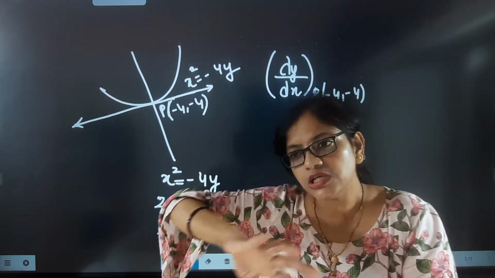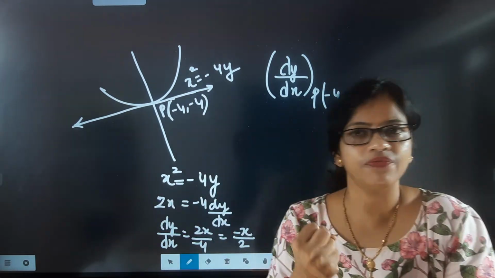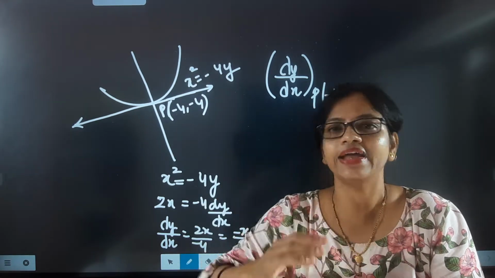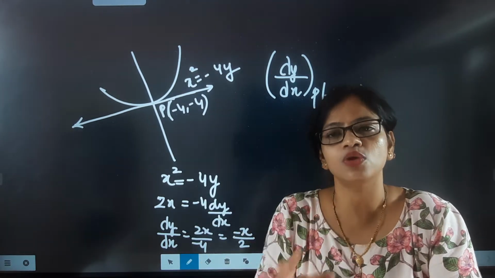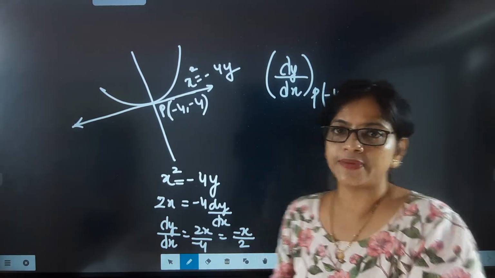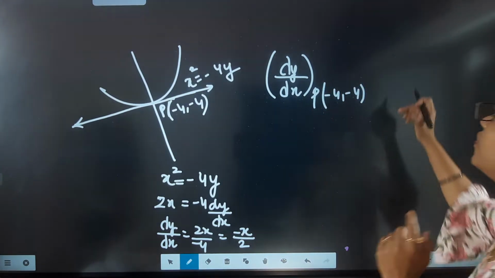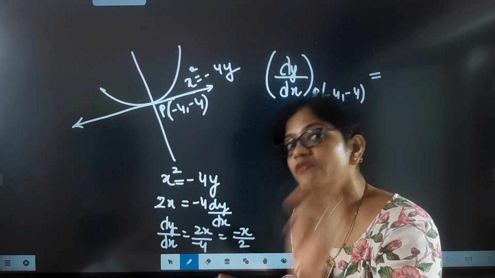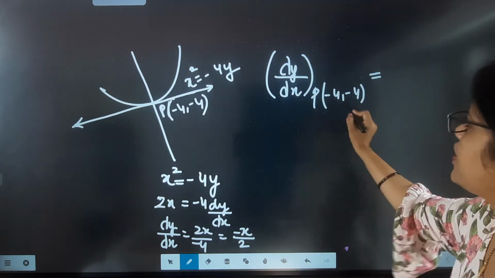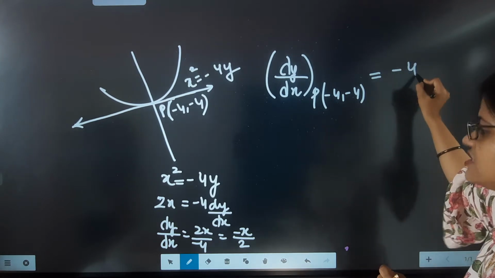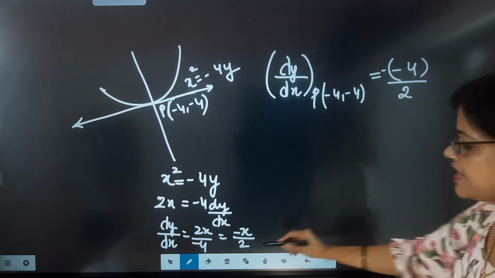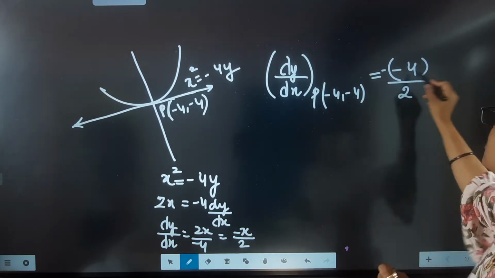It means it satisfies all three. It will become the solution of all the three. So if it is satisfying, we can substitute the value of x here. This minus 4 we can substitute. So here the x value is coming as minus 4, minus of minus 4.